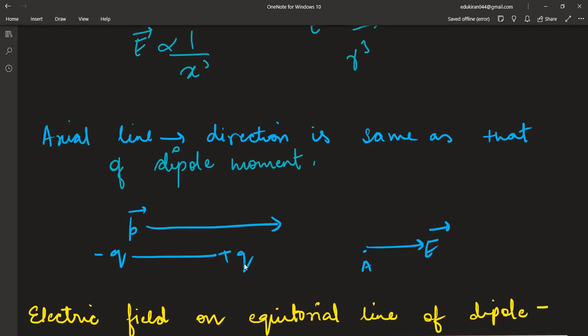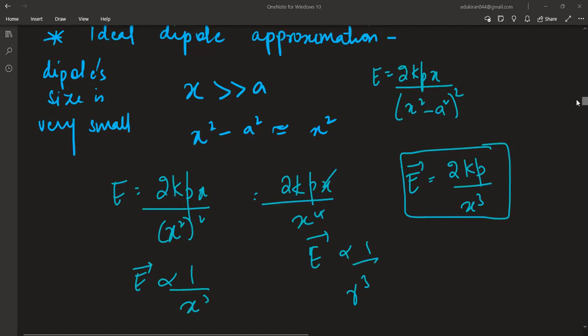So from negative to positive, I have told you the direction is from negative to positive. So on the point of the axial line where we are calculating electric field, this will be exactly the same. If this is pointing towards positive x-axis, rightwards, this will also be positive x-axis. This is how you find out the direction. Note this down in addition to what we have done yesterday.